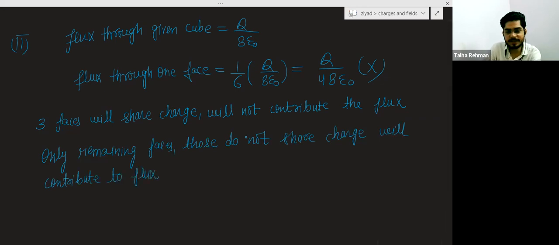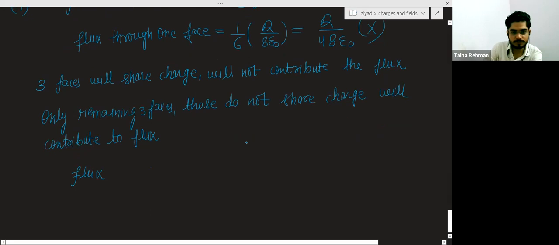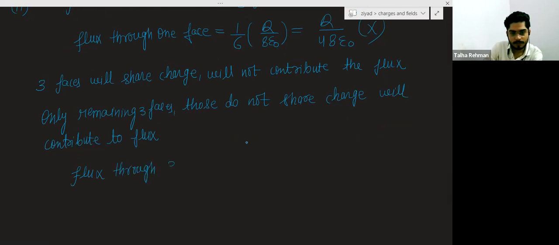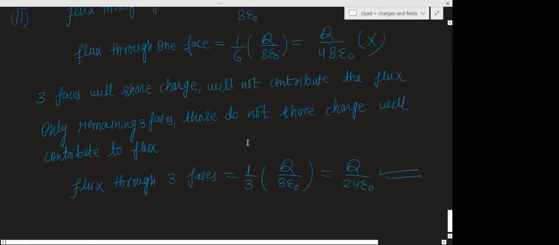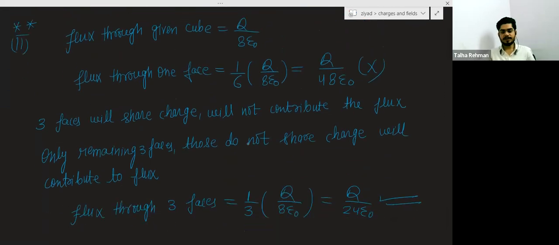Remaining means the remaining three faces, so we have to calculate flux through three faces. If you want to calculate, what will you do? You will just multiply this 1 by 3 with q by 8 epsilon naught, and your correct answer will be q by 24 epsilon naught. So this question is a little bit tricky, I will say. I am giving it a 2 star.